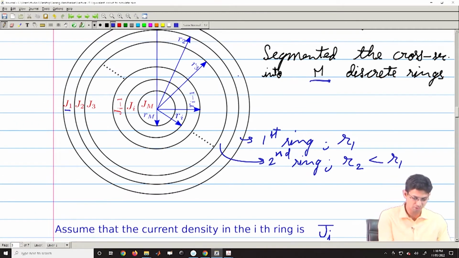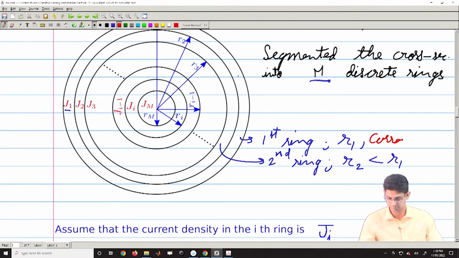The current density on the first ring is J1. Here on the second ring the current density is J2, and so on.